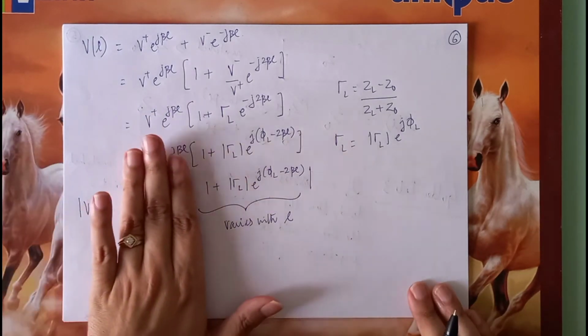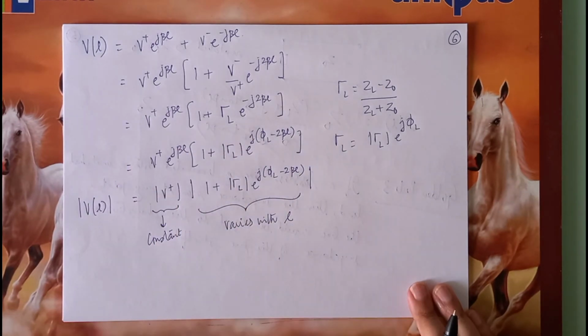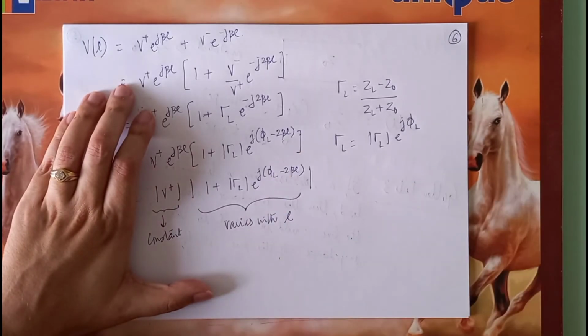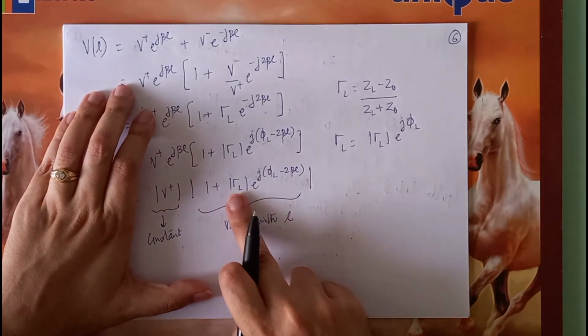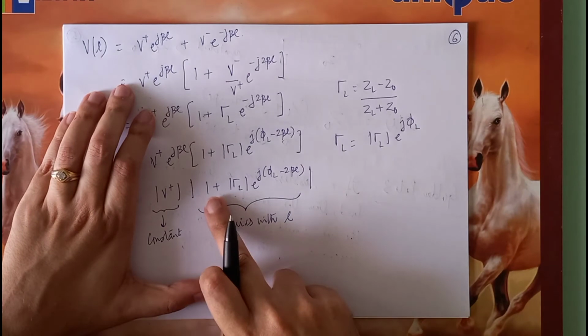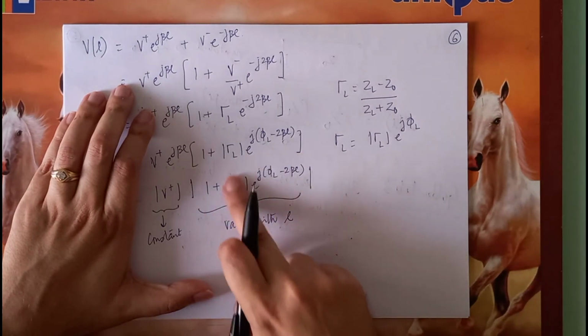Well, we can ignore the V plus mod for the time being and concentrate our efforts on this term, 1 plus mod gamma L times e raised to j of phi L minus 2 beta L. The question is, this in general is a complex quantity.